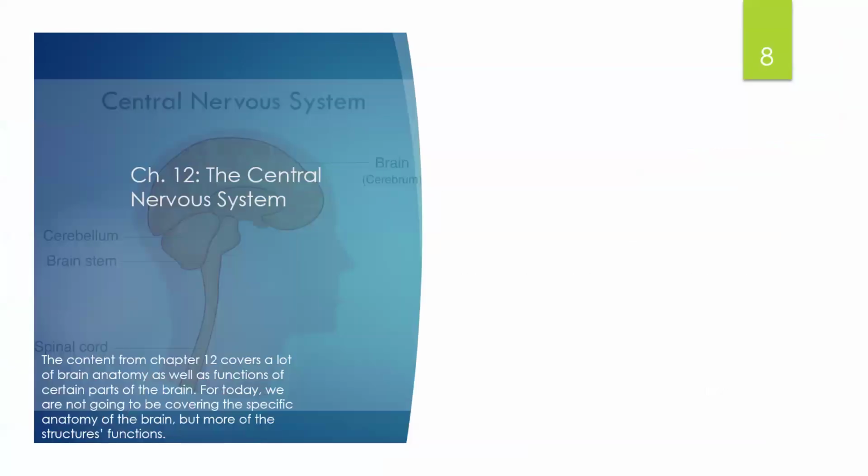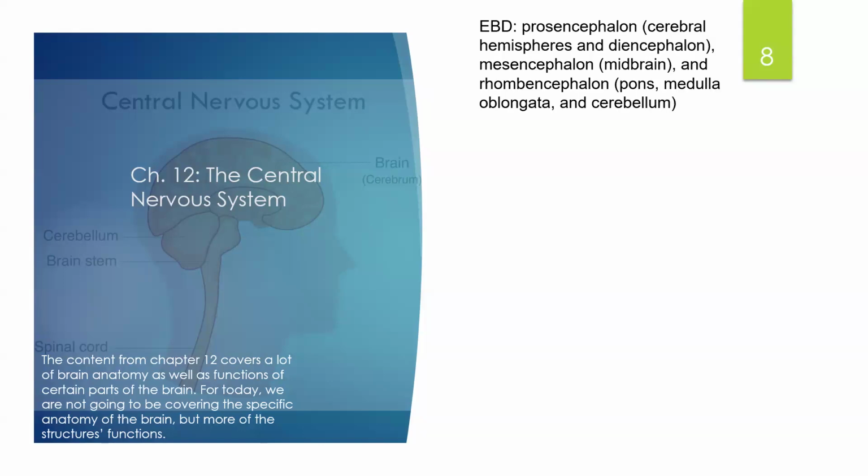Okay. And then chapter 12, again, this is a lot of brain anatomy. So a lot of this is covered in lab. Today, what we're really going to go over is the specific structures that have specific functions for your body, but a lot of this you will cover in lab. So the first thing is EBD, or early brain development.